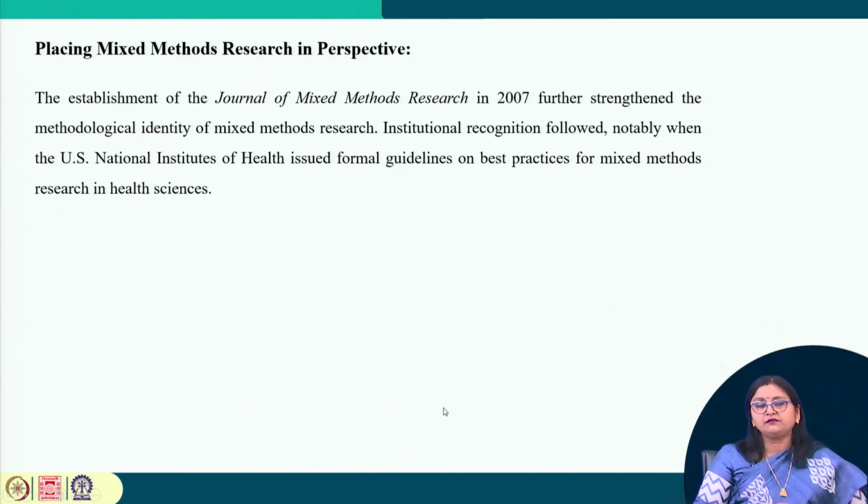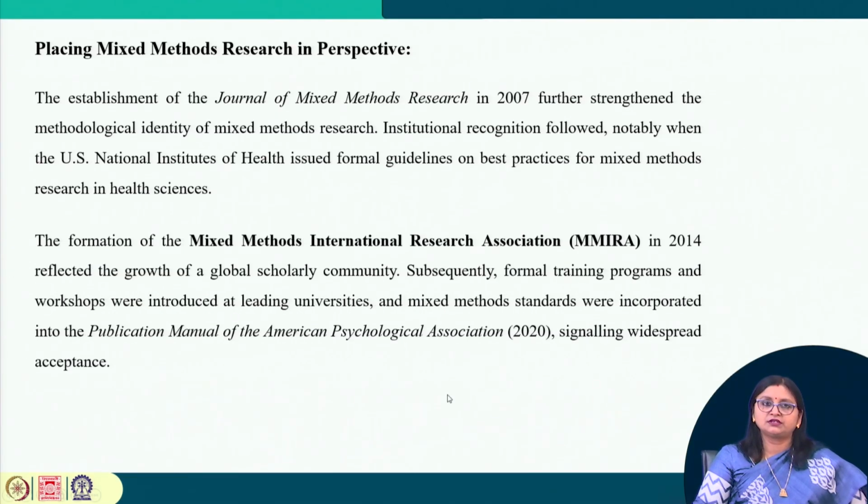The establishment of the Journal of Mixed Methods Research in 2007 further strengthened the methodological identity of mixed methods research, and institutional recognition followed, notably when the US National Institutes of Health issued formal guidelines on best practices for mixed methods research in health sciences. So, it was getting more reach and acceptance in academics in different fields.